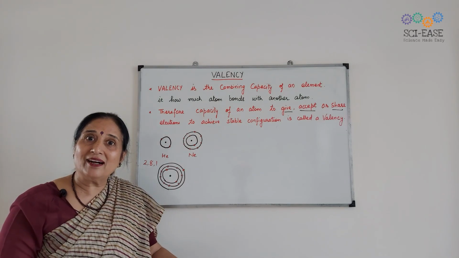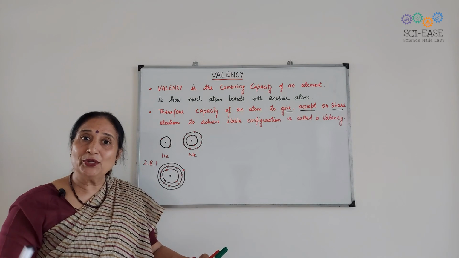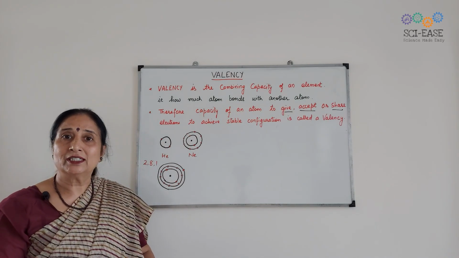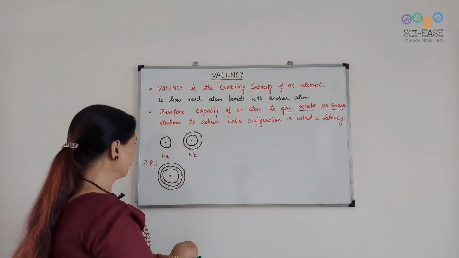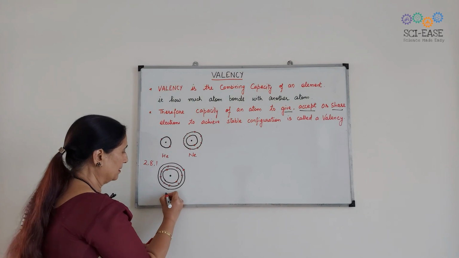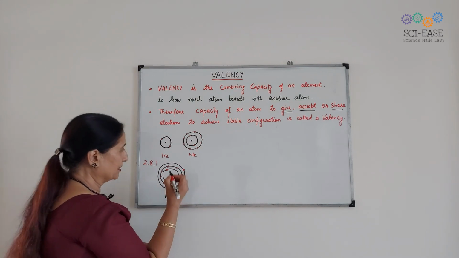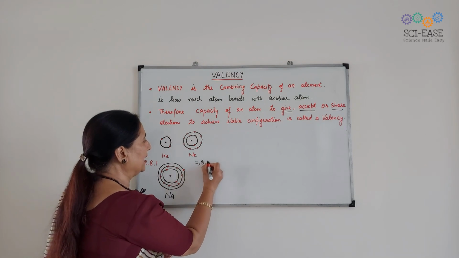But to whom will it give it? To some other atom? You take the case of chlorine. It has atomic number 17. So it will be 2, 8, 7.